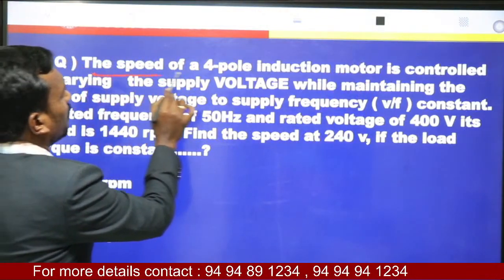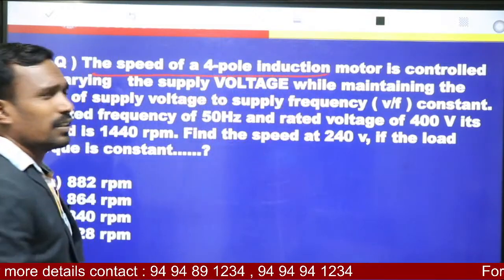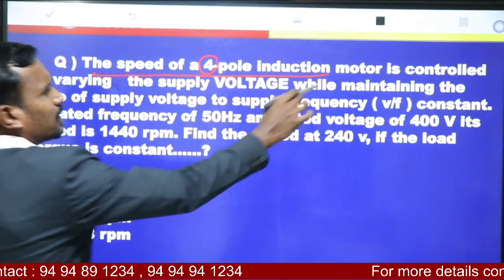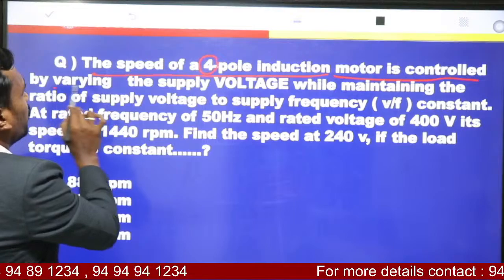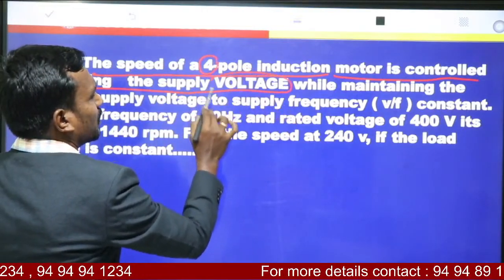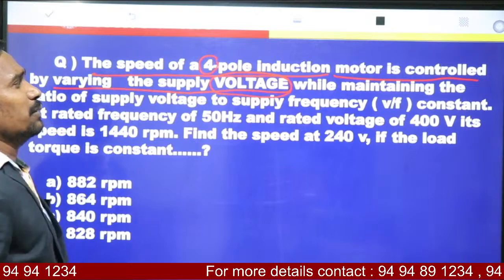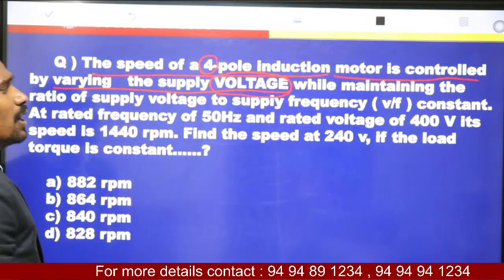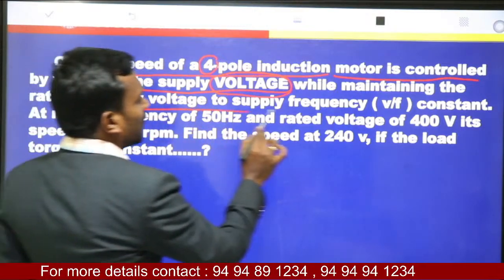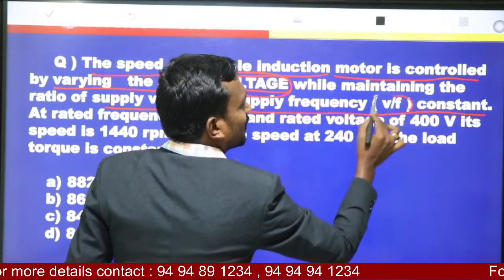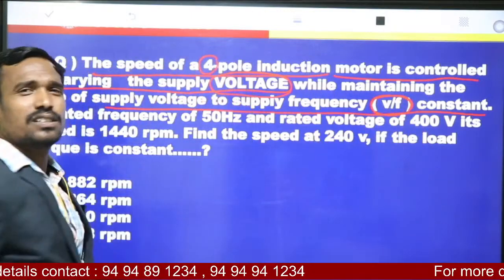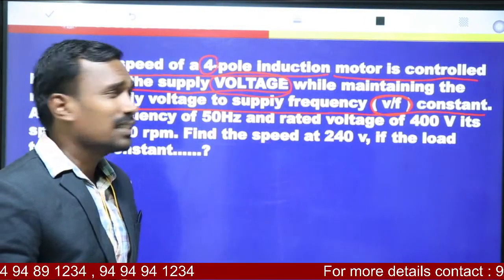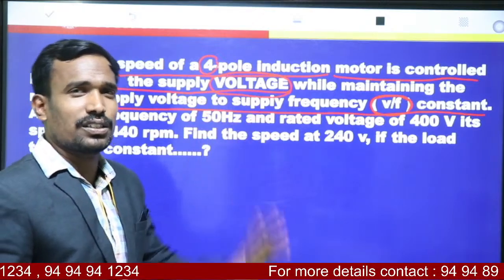The speed of a 4-pole induction motor is controlled by varying the supply voltage, while maintaining the ratio of supply voltage to frequency constant. They mentioned clearly in our question the supply voltage to frequency ratio constant.